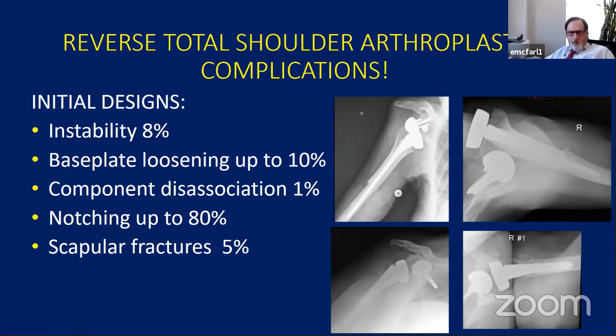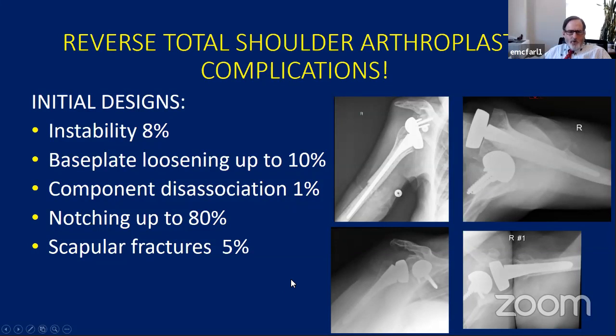The trouble with reverses, though, is that there were a bunch of complications early on. Instability, in the early designs, the instability rate was 8 or 10%. And instability is a real pain because you have to reduce it. If it doesn't stay reduced, then you've got to go in and put more parts in to tighten it up. Base plate loosening was kind of common.